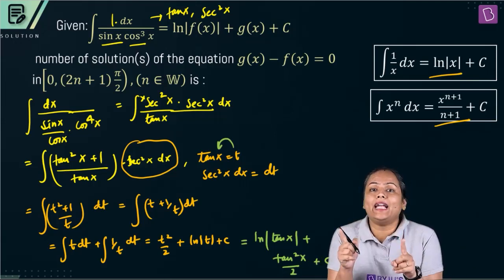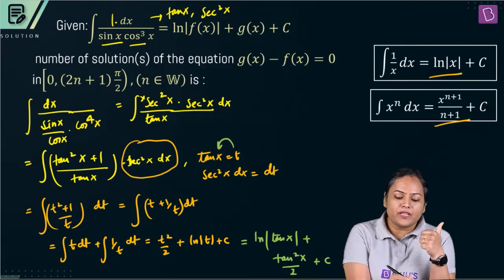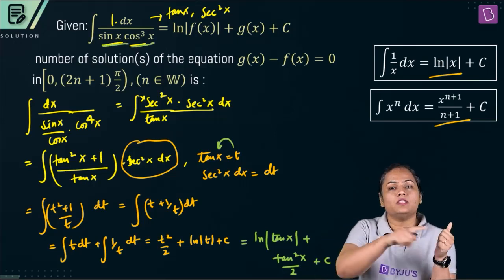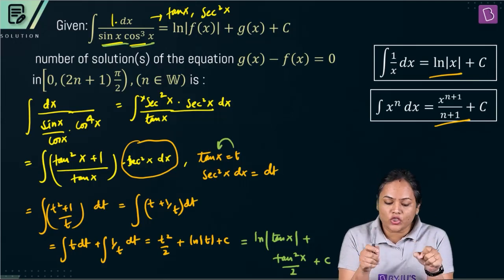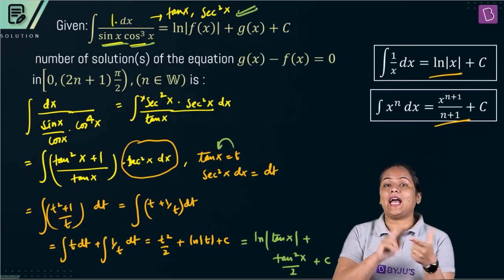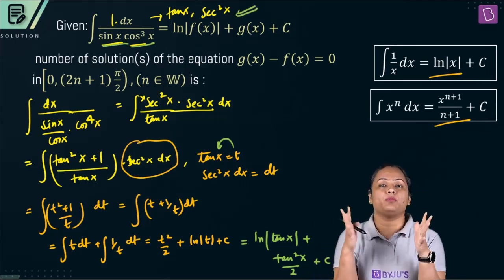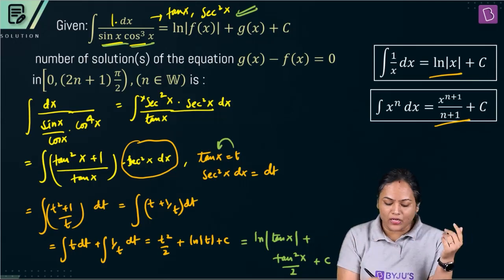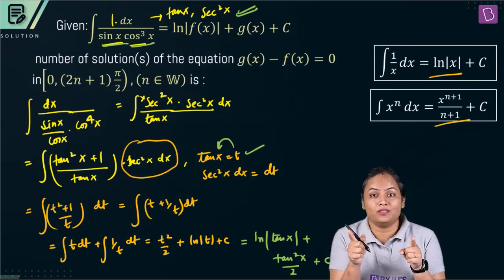This is an entirely new question, guys. Whenever you have sine and cos terms like those present in this question, try to generate tan x and sec square x kind of expressions. And then we can obviously use substitution.